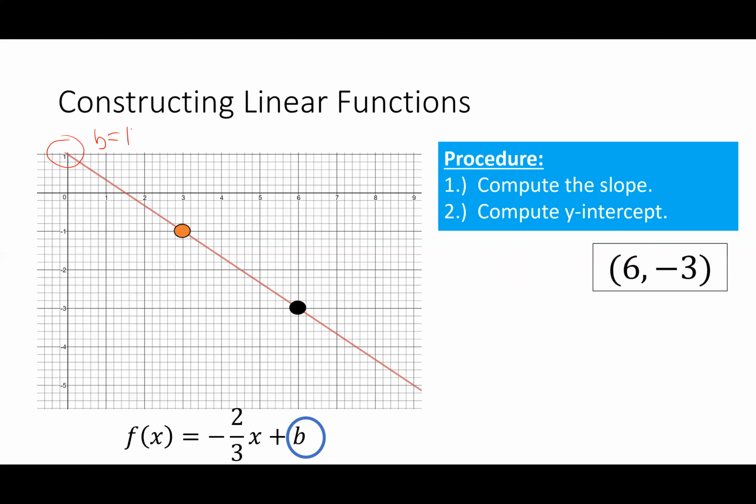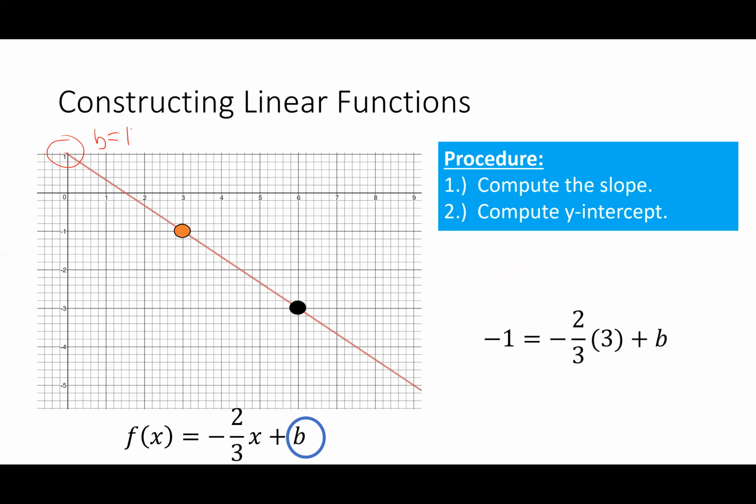Well, we've got our coordinate pairs, and now what I'm going to do is plug in this coordinate pair. So here I know that x is equal to 3 and y is equal to -1. So I'm just going to go ahead and plug the 3 into this equation. I'm going to plug the -1 into this equation, and now I'm going to solve for b.